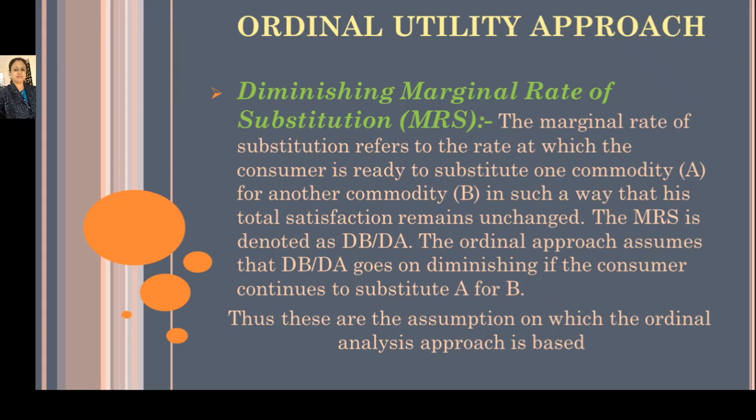We substitute a few units of A for getting a few more units of B. The ordinal approach assumes that dB by dA goes on diminishing if the consumer continues to substitute A for B. As the consumer starts substituting commodity A for getting more units of B, the rate will be diminishing.